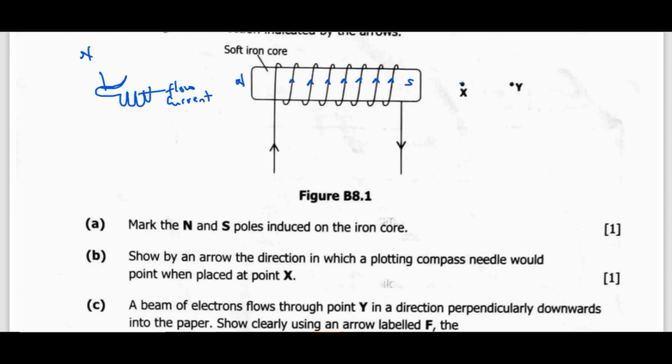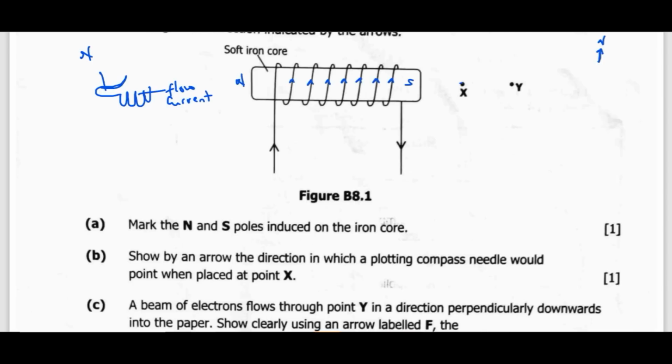So an arrow looks like this. Here this is the north. So where will it point?